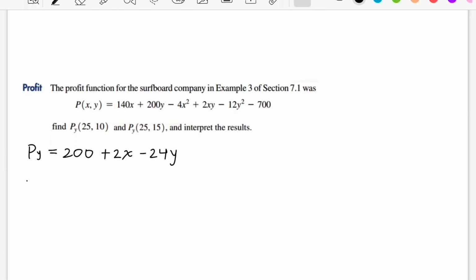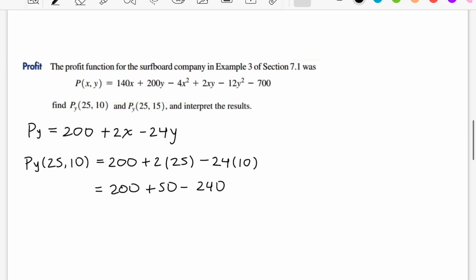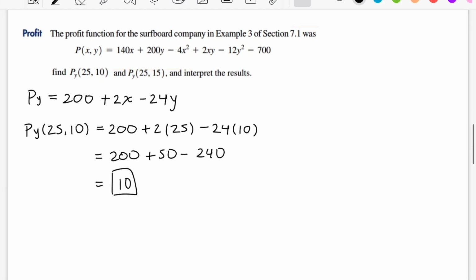And then we can just evaluate these guys. So x will be 25 and y is 10. Here we'll get 200 plus 50 minus 240. And so this will be 10 here. All right.